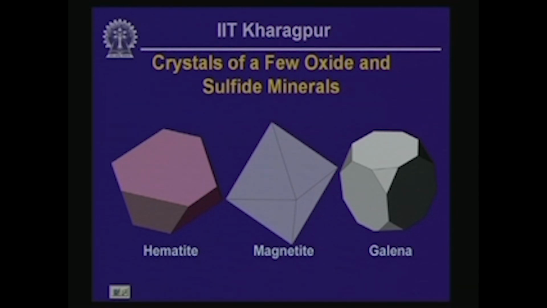Magnetite is again an oxide mineral composed of bivalent and trivalent iron, and the crystal is shown in the middle here, and the sulfide mineral galena is shown on the right. We looked at this particular mineral in detail when we were considering the geometric characteristics of minerals in the last lesson.